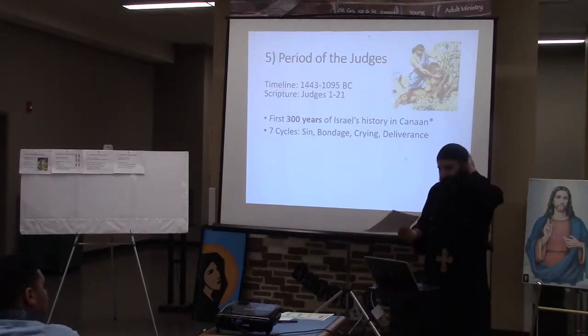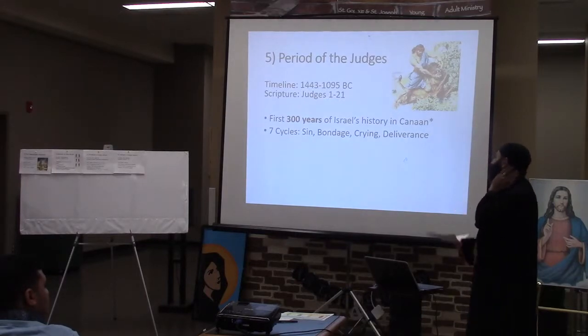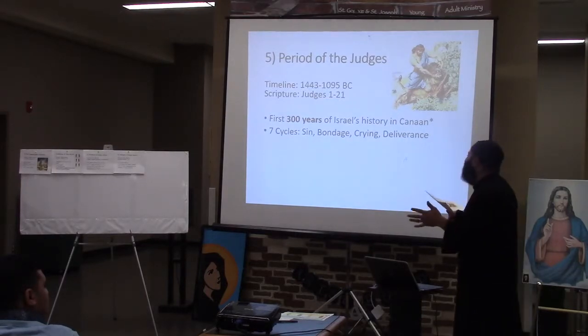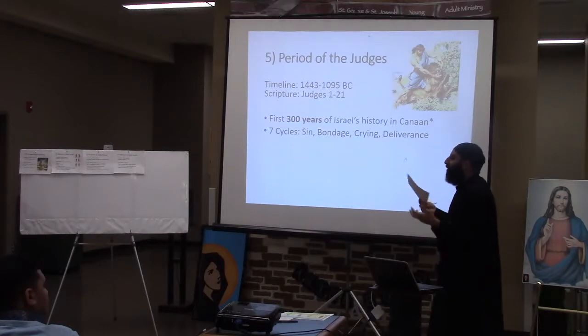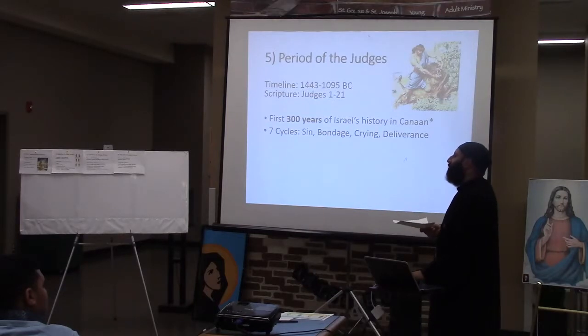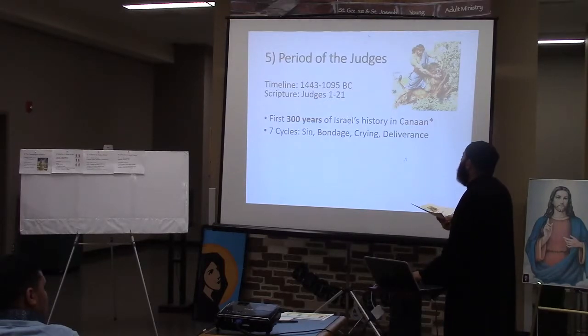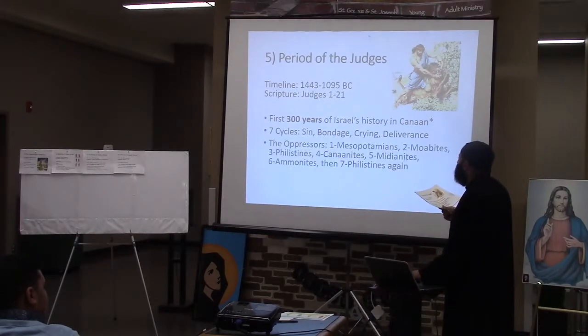And so they really cry out to the Lord, and they say yeah, we've sinned, it's a type of repentance, but in reality it's just sorrow and crying. And then he delivers them through one of the judges. He sends them one of the judges. There are about 12 to 15 judges, depending on if you count Eli and Samuel, stuff like that. So he sends them judges.